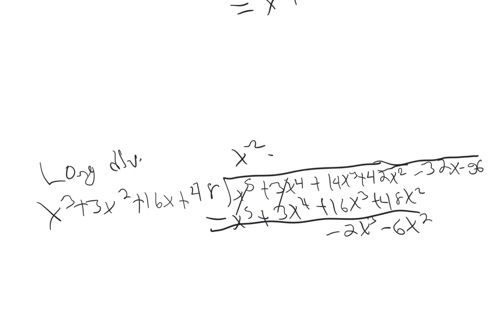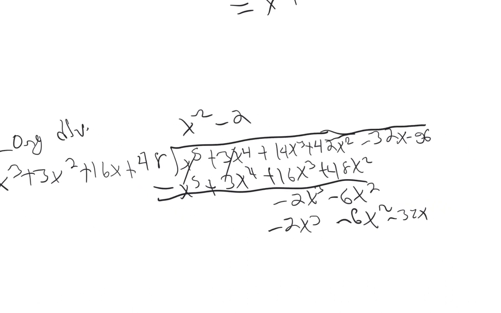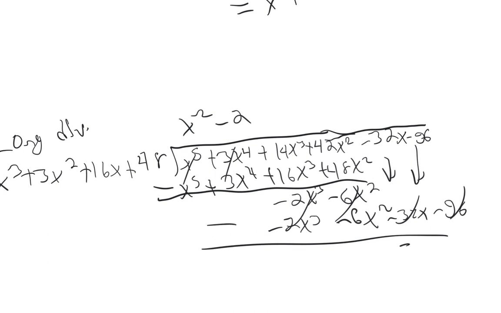So now we do minus 2, and we get negative 2x cubed minus 6x squared minus 32x minus 96, which is exactly what it needed to be, because these other terms drop down here, so they all cancel, and we get a remainder of 0. So we know that x squared minus 2 does in fact divide.